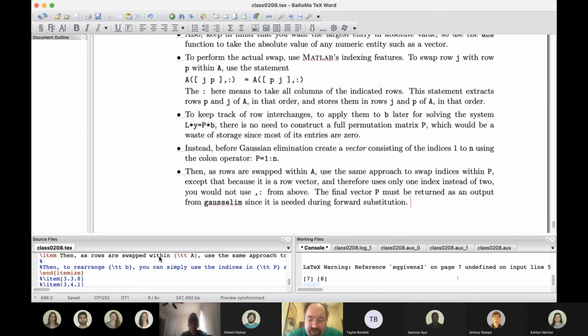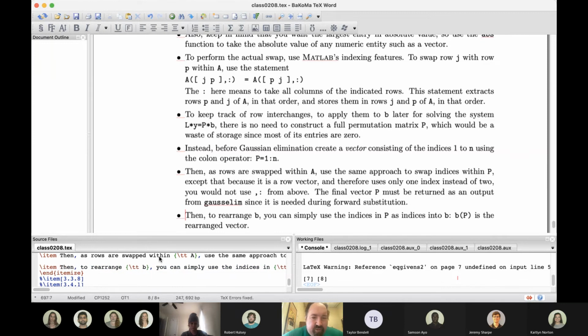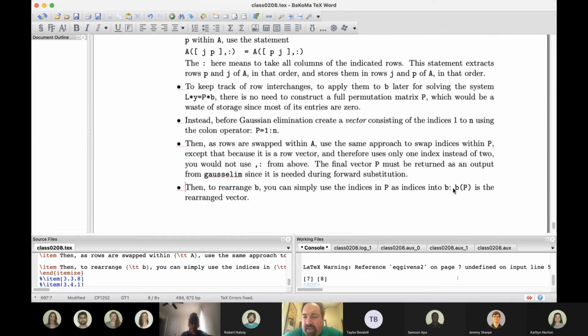And then for forward substitution, MATLAB makes it really easy to apply this scrambling of rows to B. You just do this. Because P is a vector of indices in some order, this says take the elements of B in that order.